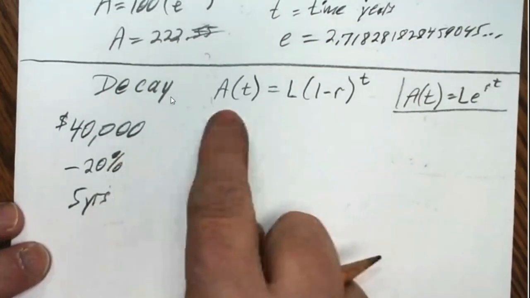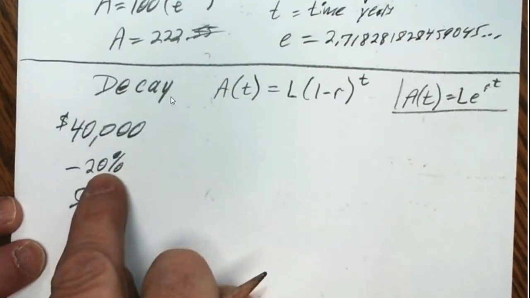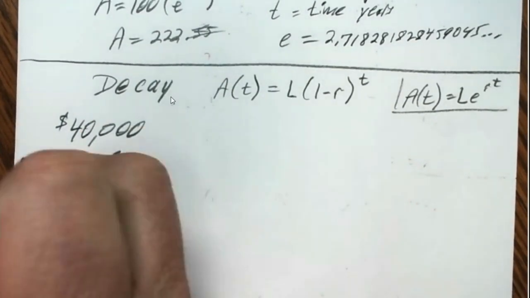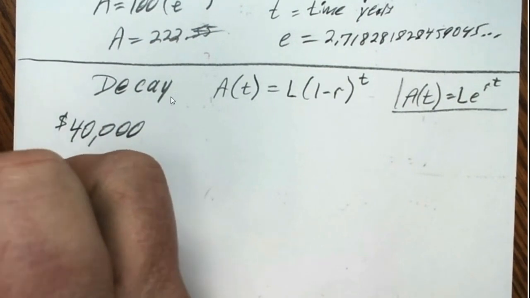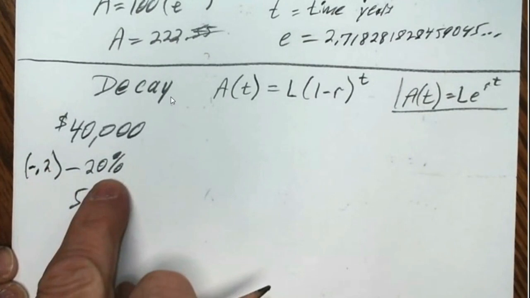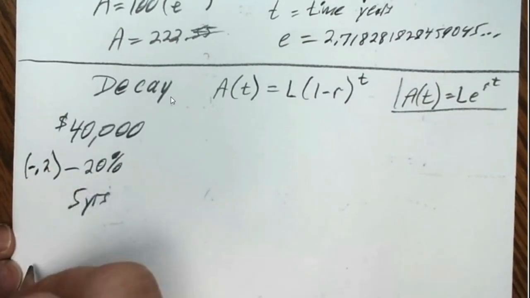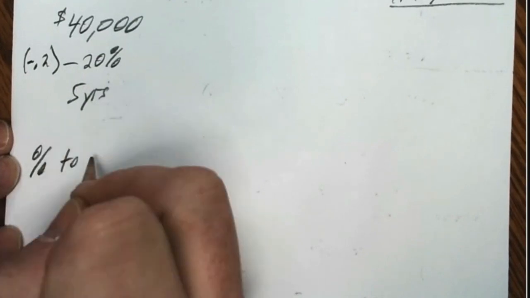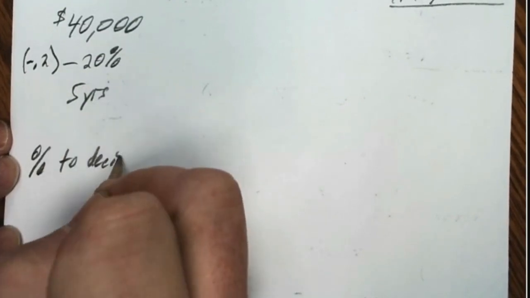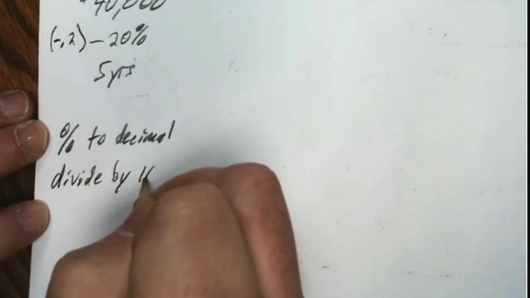All right, let's use our formula. Negative 20%. Remember, we need that as a decimal. So that's going to be negative 0.2. 0.2 is 20%. Just divide 20 by 100. If you need to know how to convert percent to decimal, divide by 100.